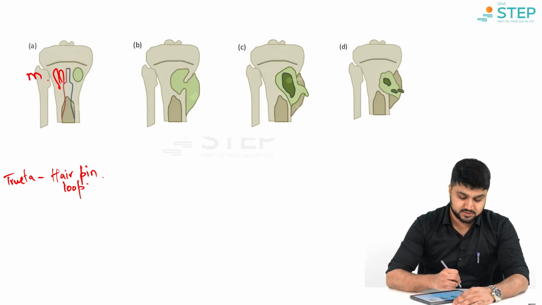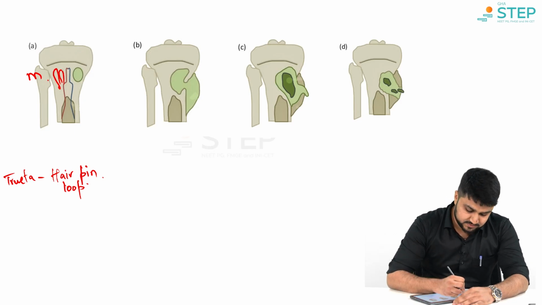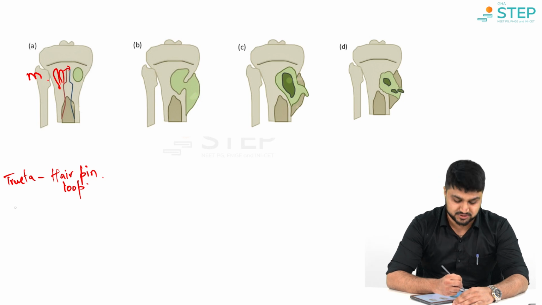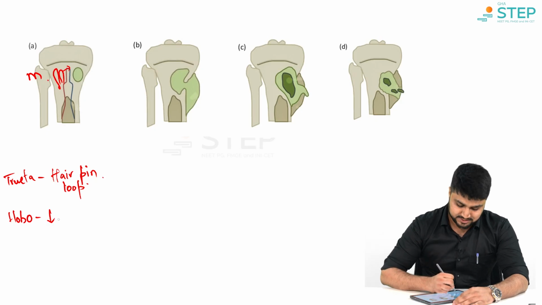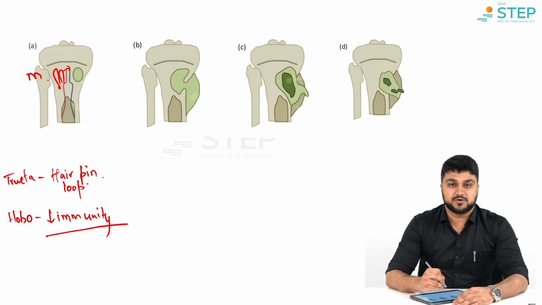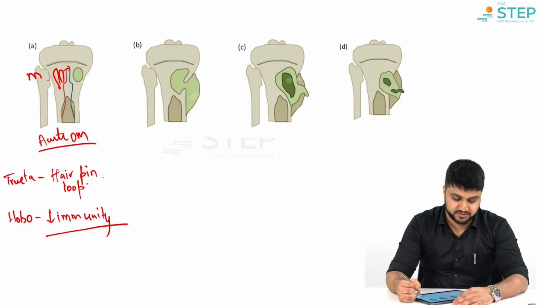These hairpin loops make the blood flow sluggish, which helps the bacteria escape from the blood flow and enter into the metaphyseal region. The second theory by Hobo is that the metaphysis has decreased immunity due to decreased leukocytes in this region. So these two factors contribute to the development of acute osteomyelitis in the metaphyseal region.